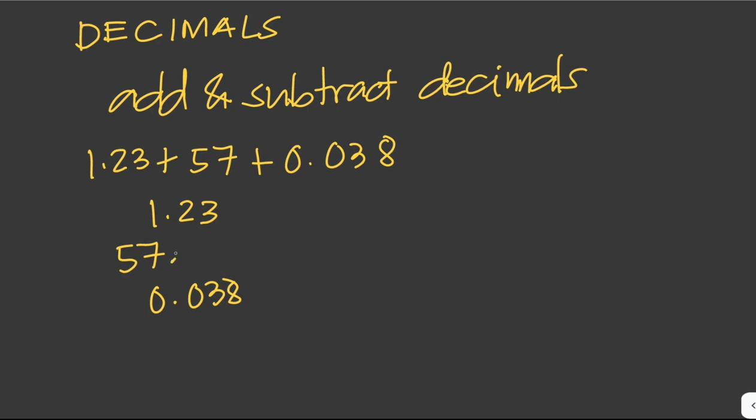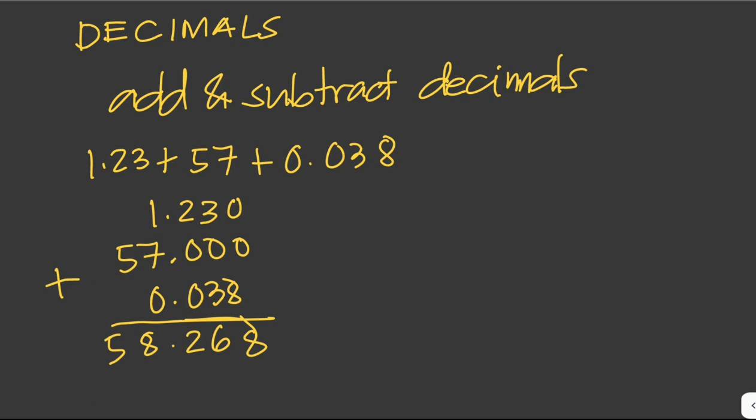You can just add 0 here, since this is 3 decimal places, and we can add more zeros, and we add them. It would be 8, 6, 2, 8, 5. So that means this one is equal to 58.268.